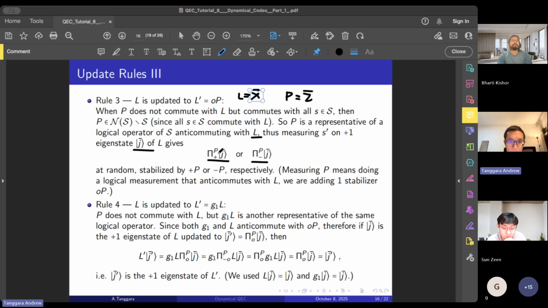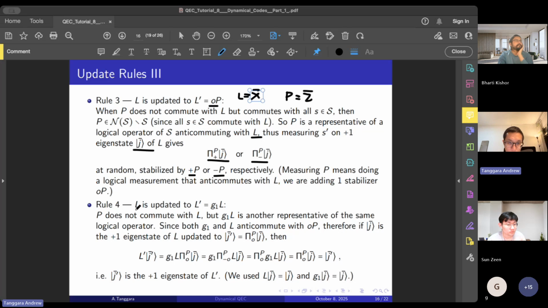But either way, this is going to be stabilized by plus P or minus P, right? And this is going to stabilize the new state that I have. That's the reason why I add this P into the new stabilizer group.